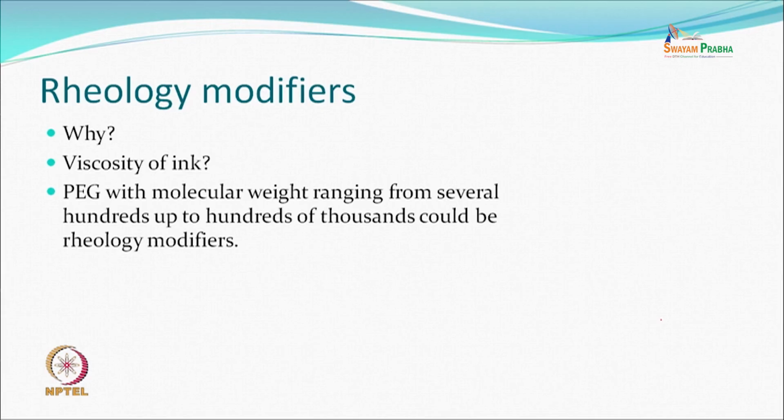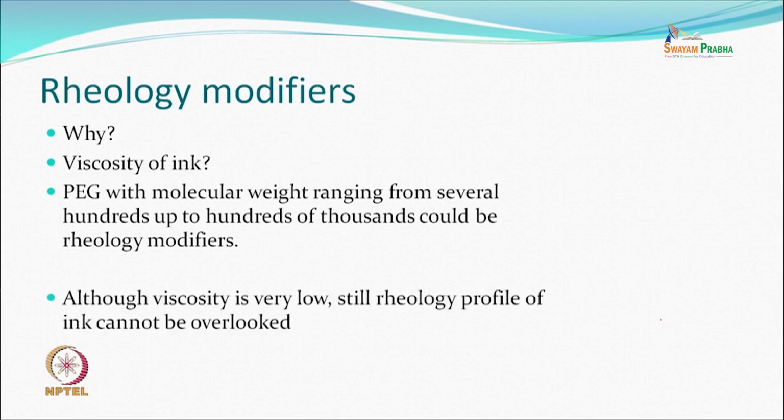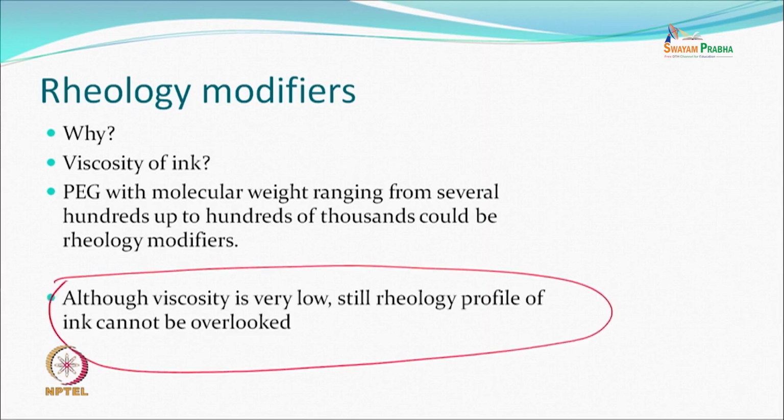The molecular weight could range from several hundreds up to hundreds of thousands. So, remember, although viscosity is low, the rheology is very important and cannot be ignored. We cannot ignore the rheology of this ink, which actually has a low viscosity.